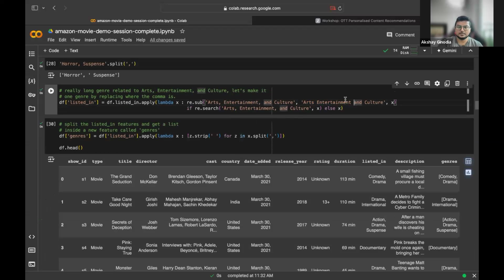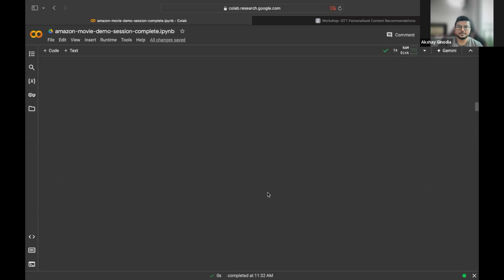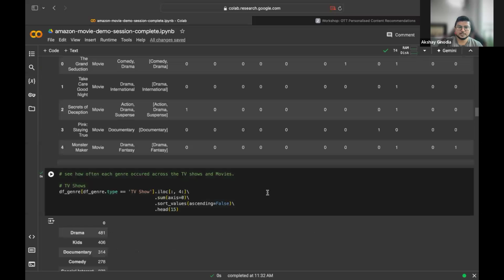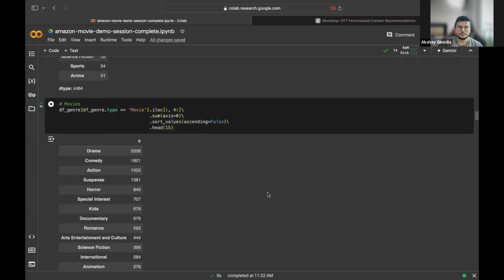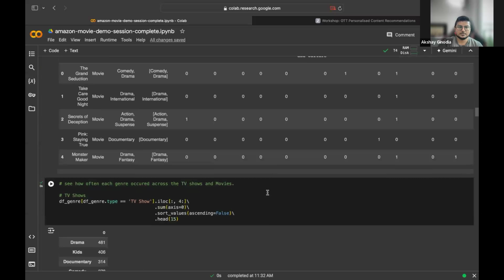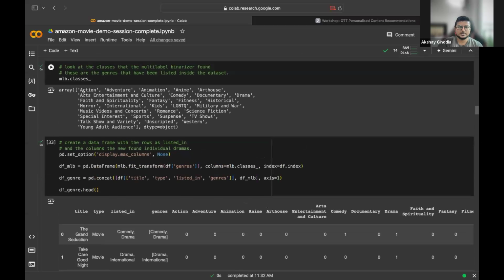That's what we did here, so that when we split by comma in the next step on the other genres, it does not get split and remains as a separate category. And that's what happened. And these are the rest of the categories.